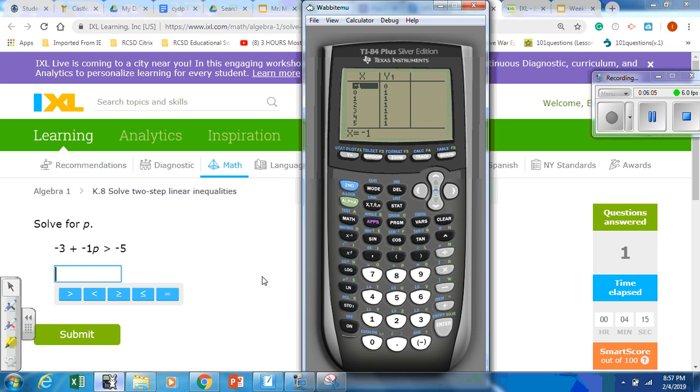All right, what am I predicting? Here I'm predicting that because there's a negative in front of x, my greater than inequality is going to shift to a less than inequality. Let's take a look. Let's graph.